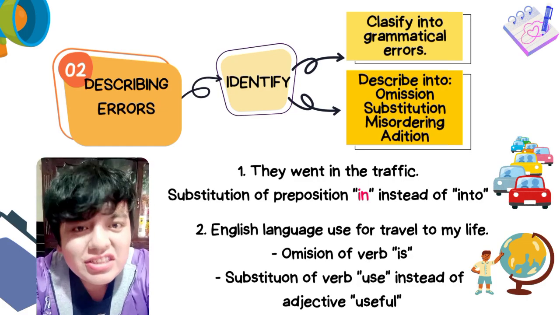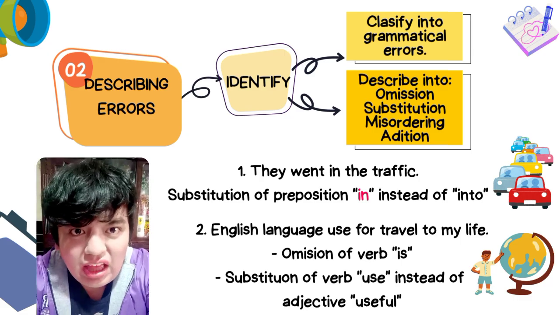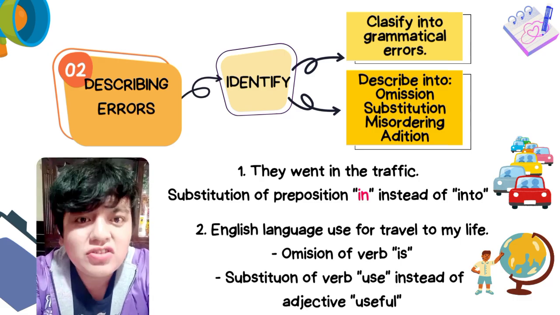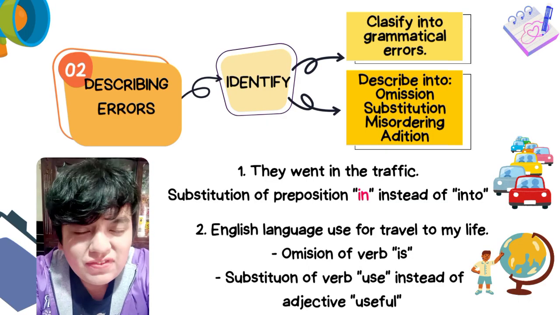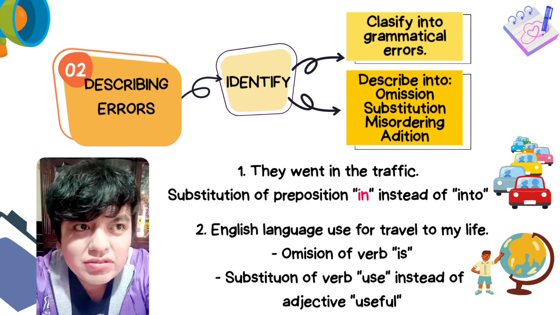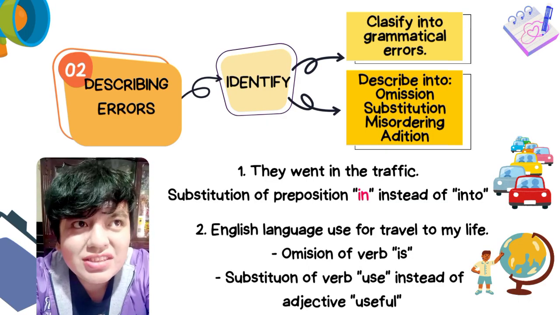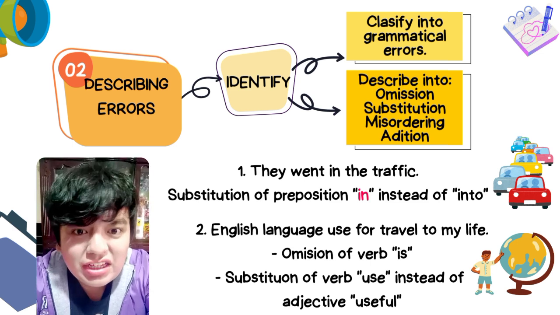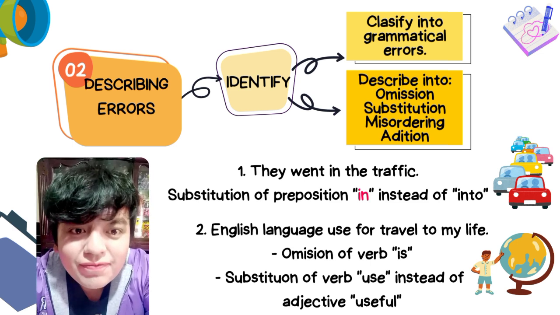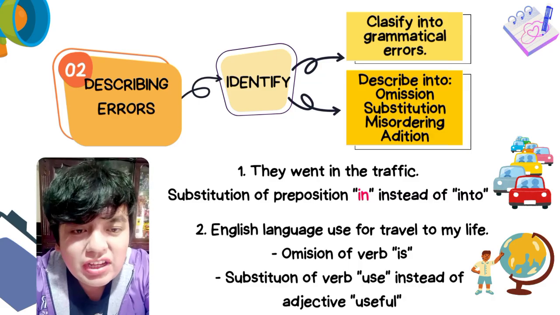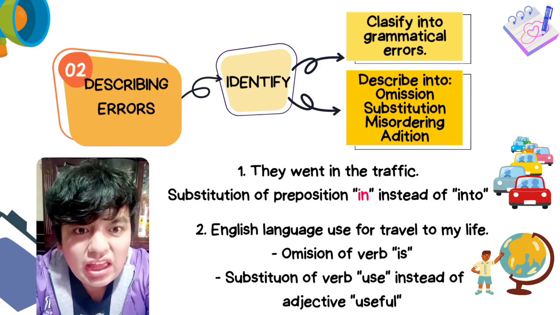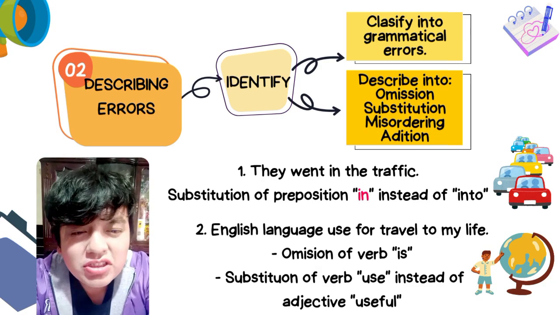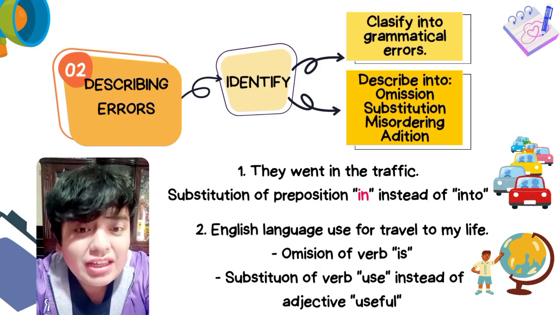The second stage is describing errors. After you identify, you need to describe and classify. You can classify the error depending on whether it is a verb, a noun, adjective or preposition, etc. And you describe the error in four categories: substitution, omission, misordering, and addition.